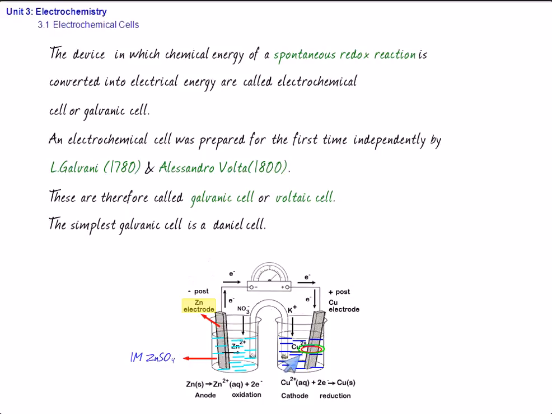This is a copper rod, and here we have taken 1 molar CuSO4 solution. The two rods are connected by a conducting wire through a key and through an ammeter. This ammeter indicates the flow of current.